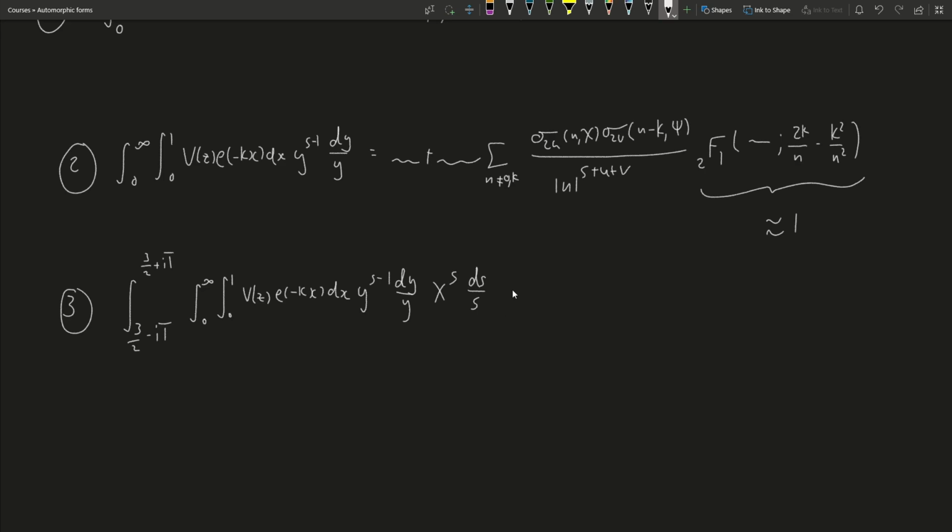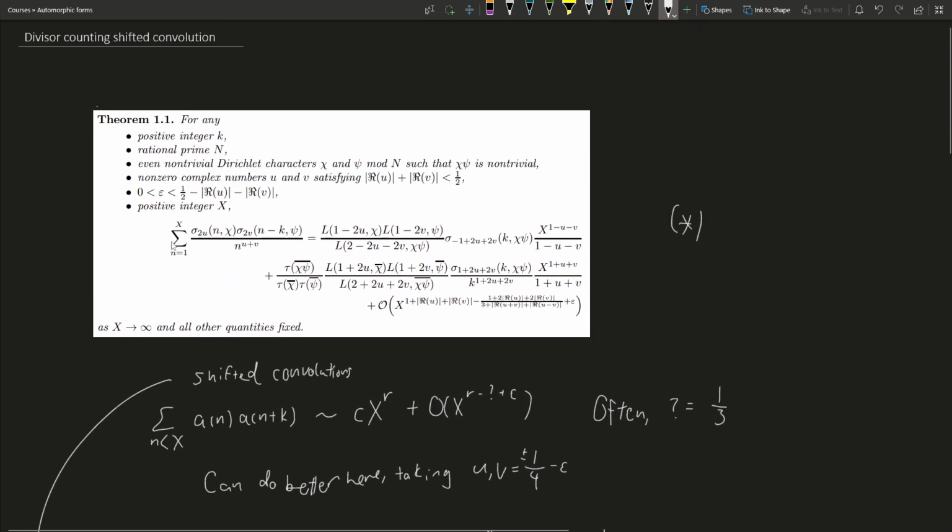And this is going to give you, well, maybe not exactly equal to, but something like some junk times the left-hand side of this identity star, right? So it's going to give you essentially the sum of Dirichlet coefficients, right?